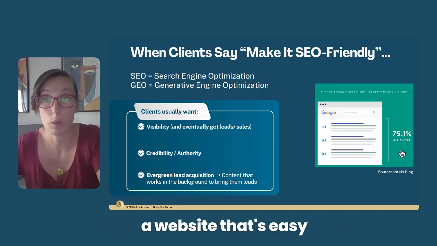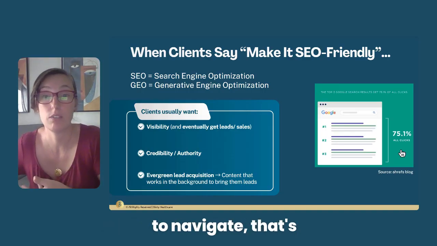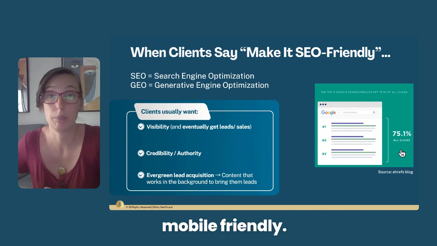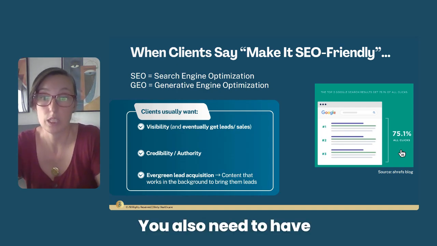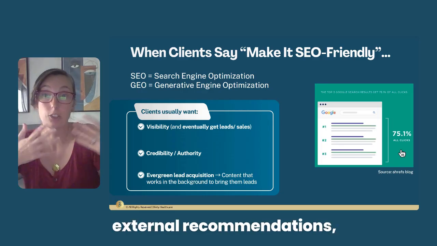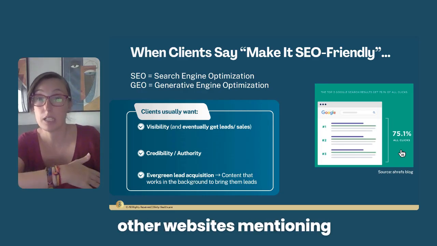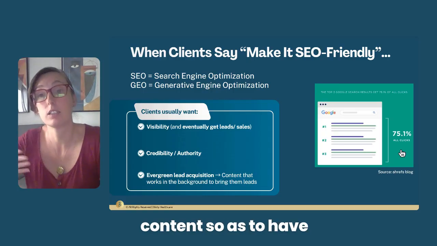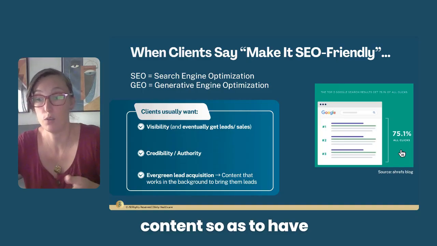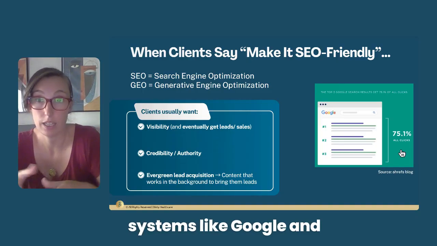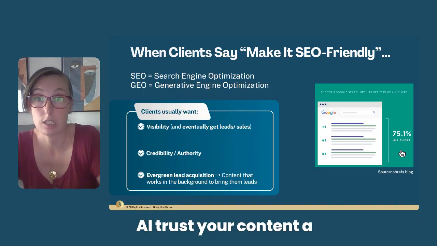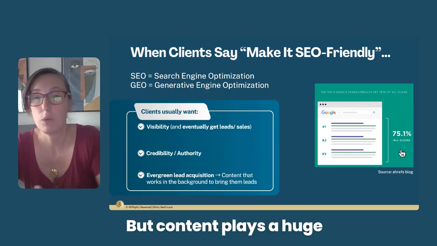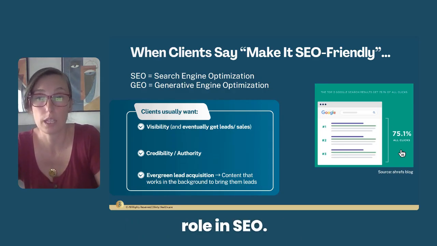You also need to have a website that's easy to navigate, that's mobile friendly. You also need to have external recommendations, other websites mentioning your client and your content, so as to have systems like Google and AI trust your content a little bit more. But content plays a huge role in SEO.